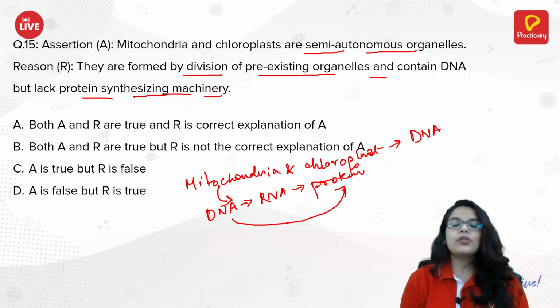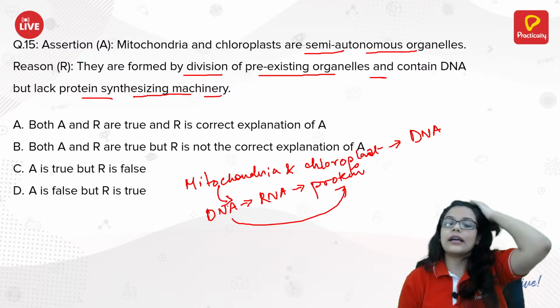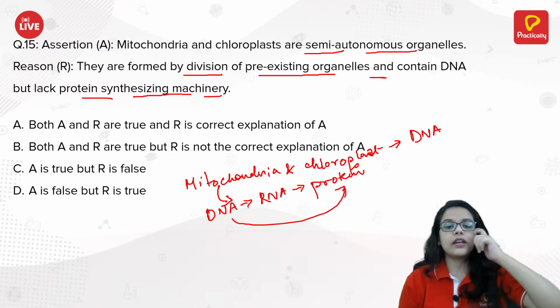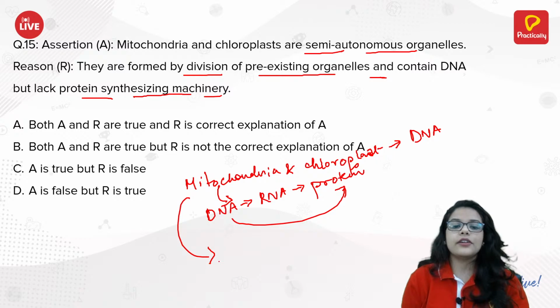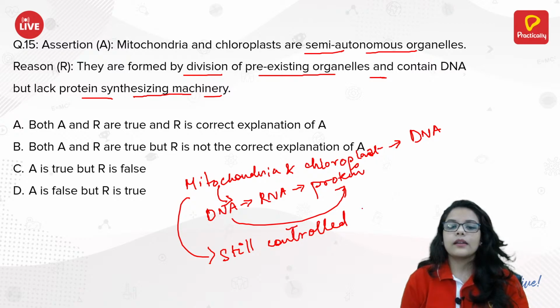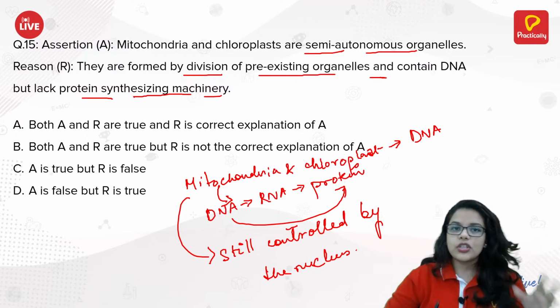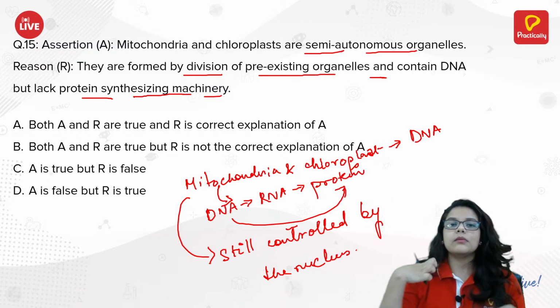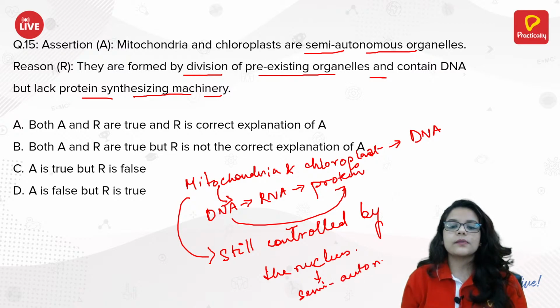But although mitochondria and chloroplast have their own DNA and stuff like that, they are still controlled by the nucleus. So they have their own machinery, they can work properly, but the main function is controlled by the nucleus. That is why they are semi-autonomous.